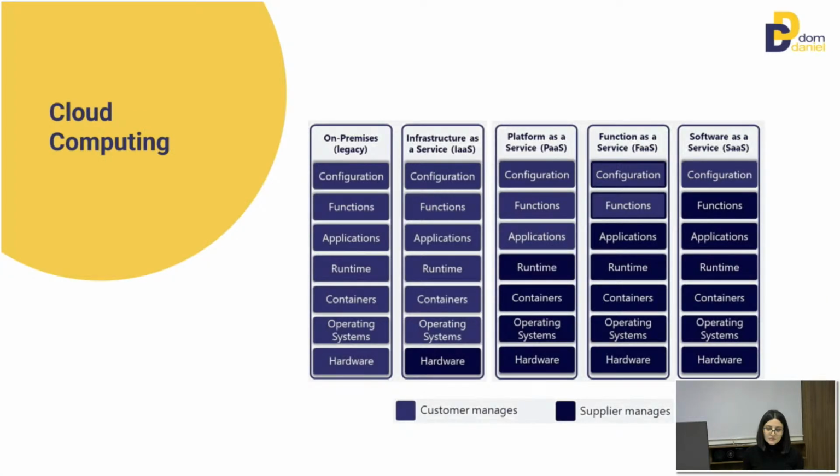At first, I would like to show you the overview of cloud computing. So we see the big picture of cloud computing. We have the on-premises and the public cloud, where we have the different deployment models. We have infrastructure as a service, platform as a service. We also have function as a service and software as a service.